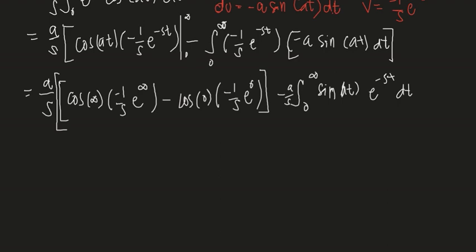Okay, so let us simplify the equation. So cosine, or I mean, we have e raised to infinity. So this is equal to 0. So we have 0 here. So automatically, ang whole ng equation, I mean the all of this first equation, will be equal to 0.